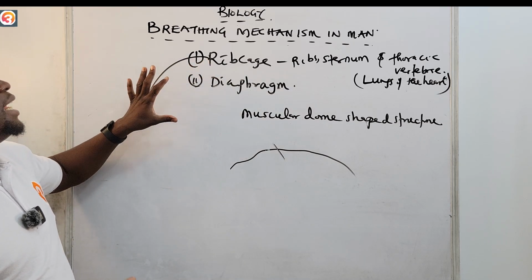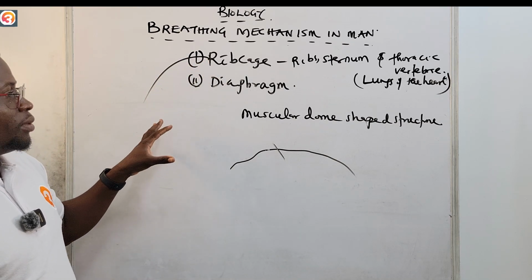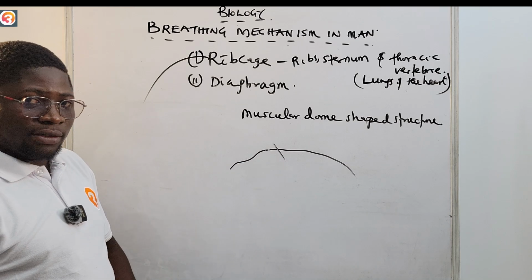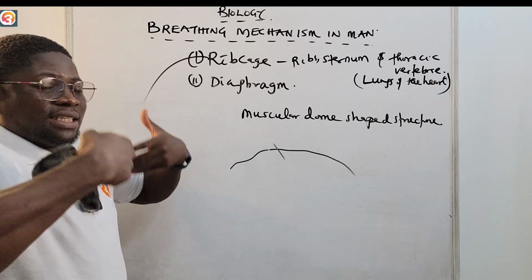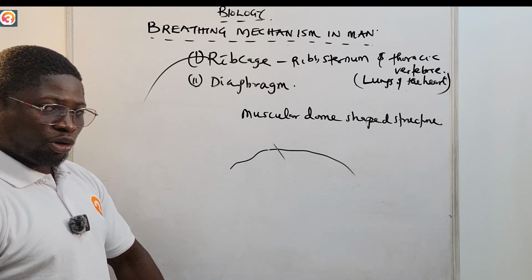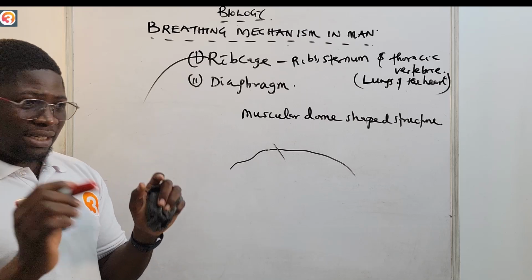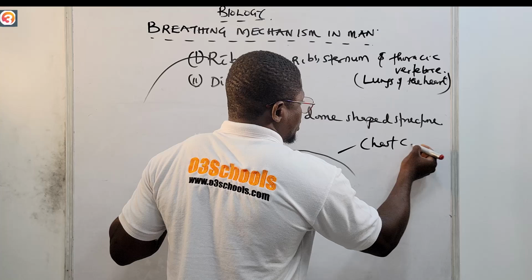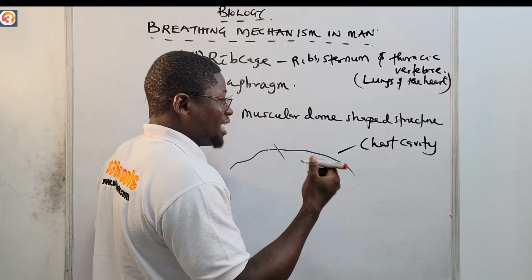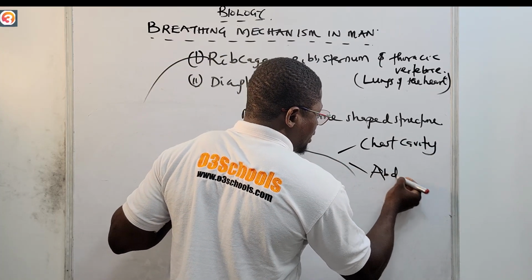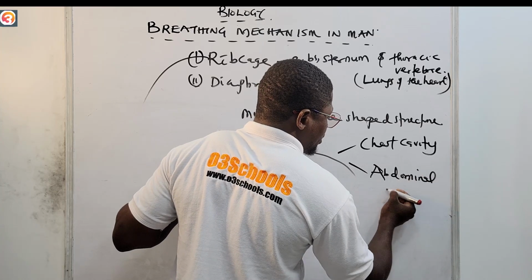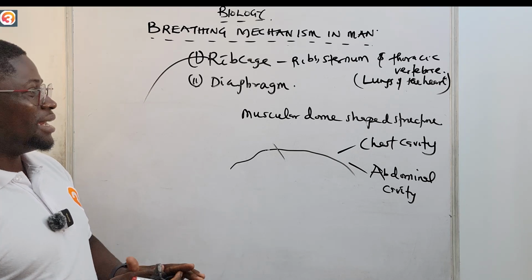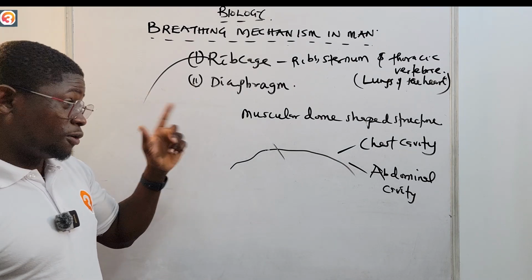The diaphragm is a muscular dome-shaped structure, and what it basically does is to separate the upper part, the thoracic cavity or chest cavity, from the abdominal cavity. It's an exam question, so please do not joke with that.